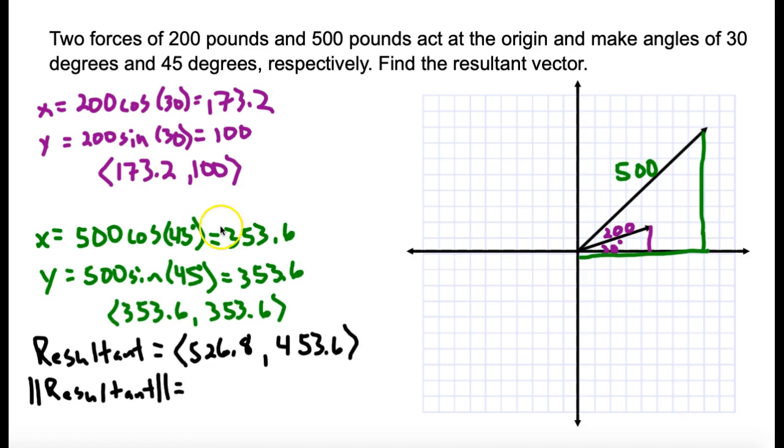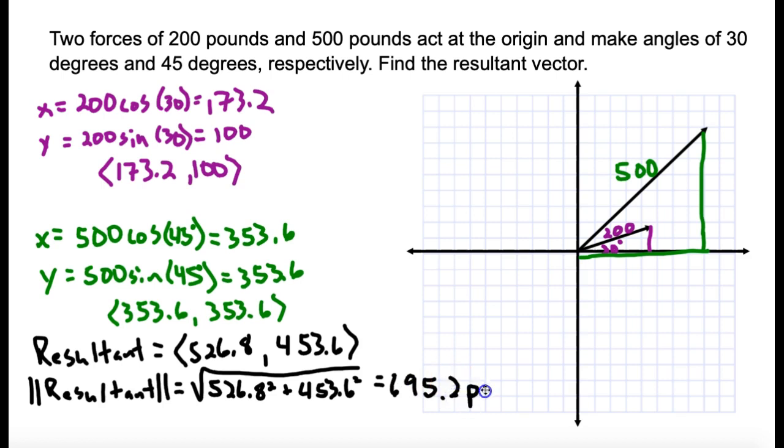So the magnitude then of this resultant vector, we can say it's going to be the square root of the sum of these squares, so 526.8 squared plus 453.6 squared gets me 695.2.